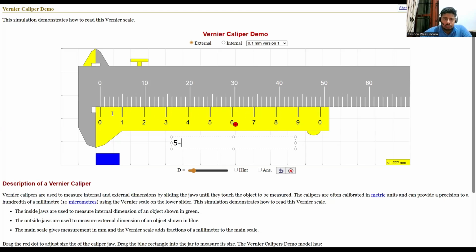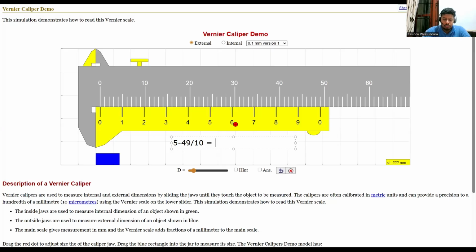You can see there are 10 vernier divisions and 49 main scale divisions. So 49 main scale divisions are divided into 10 parts, right?